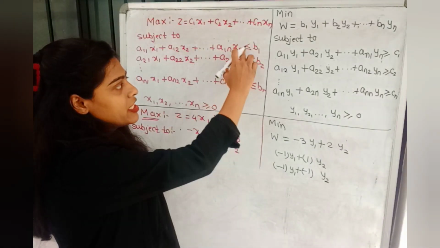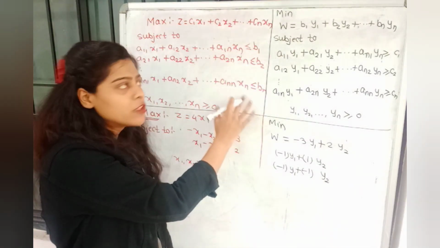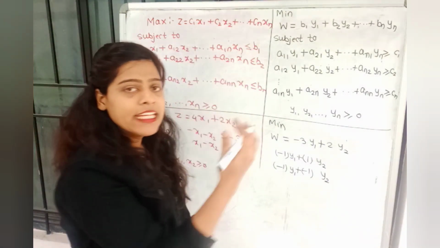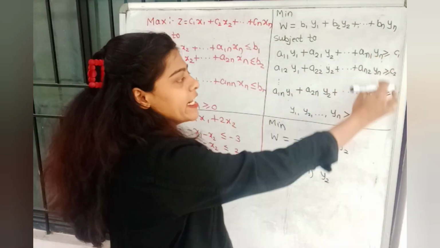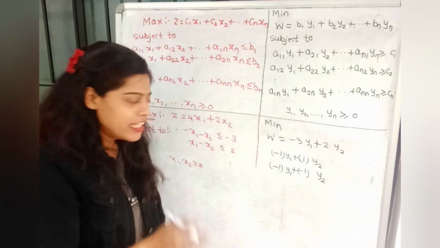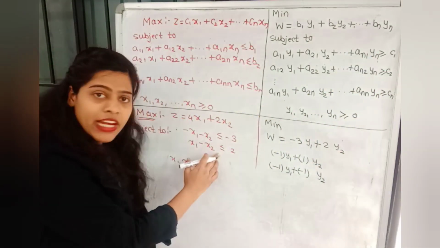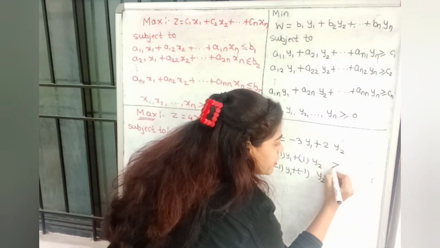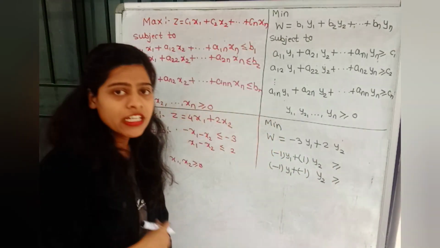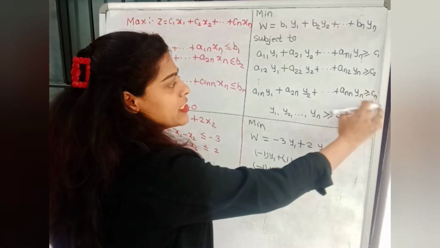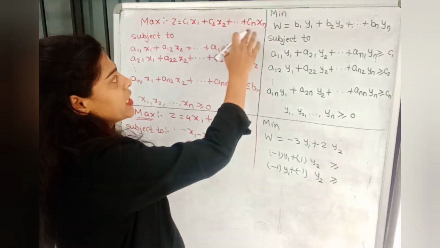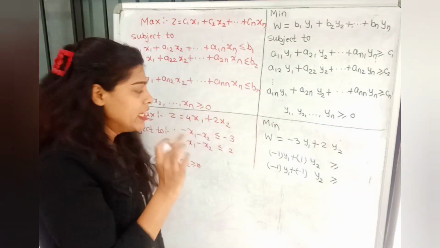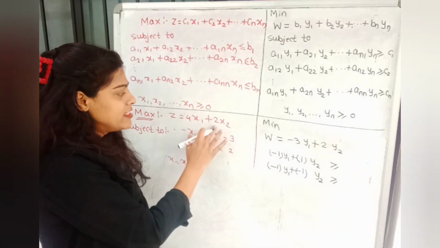Observe this condition: if we have a less than or equal to sign in the primal LPP, then the dual LPP will have a greater than or equal to sign. Here in the primal LPP we have less than or equal to, so convert it into greater than or equal to. The values of C1, C2 and Cn are obtained from the objective function of the primal LPP. Here we have C1 as 4 and C2 as 2.